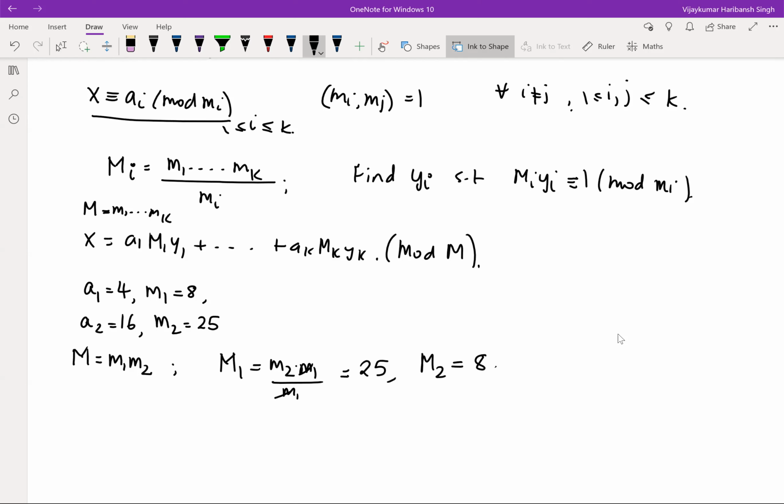Now step 1: find y1 such that y1 times M1 is congruent to 1 mod 8, and find y2 such that y2 times 8 is congruent to 1 mod 25.